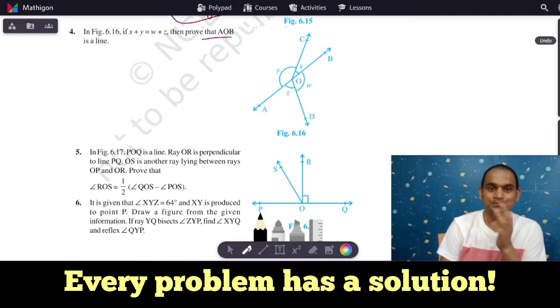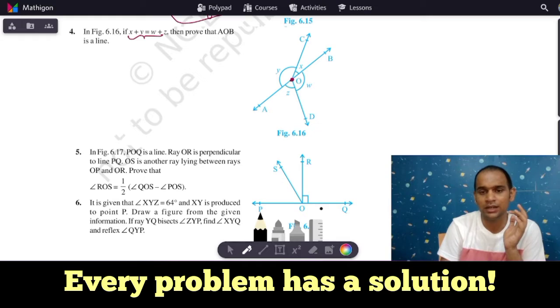Okay. So, let's try to understand. Over here, the given condition is x plus y equals w plus z. As you can see, the observation here is that from the vertex O, there are different rays coming out. Yes or no? So if there are different rays coming out from the same vertex or same point, what understanding do we have?